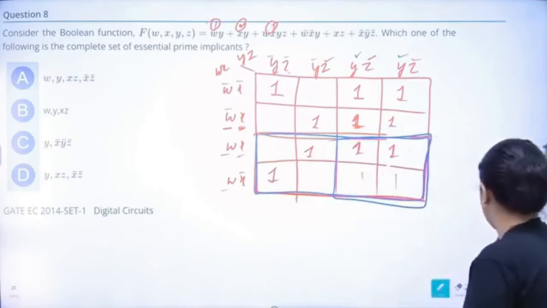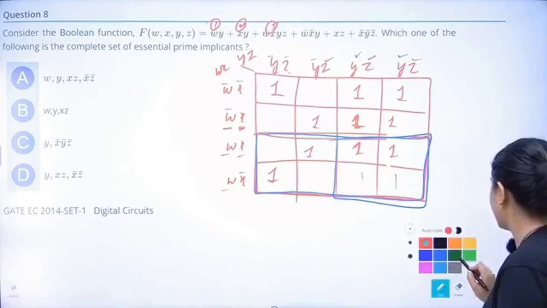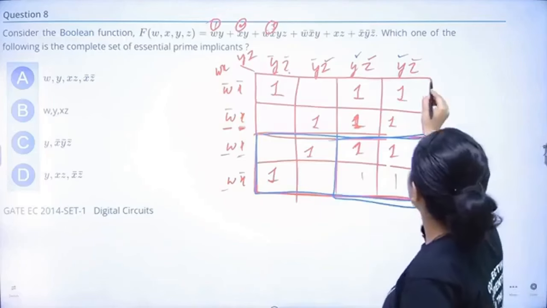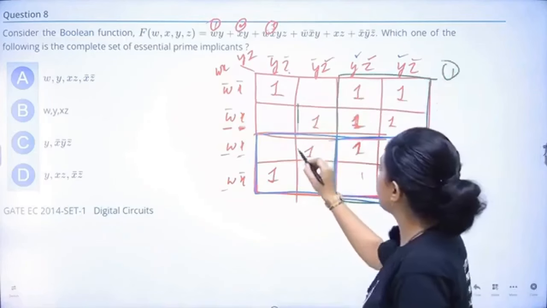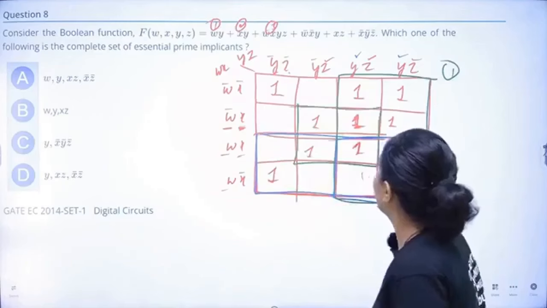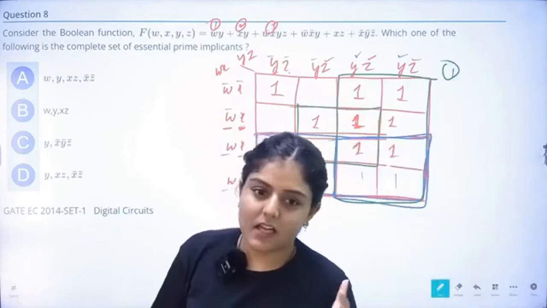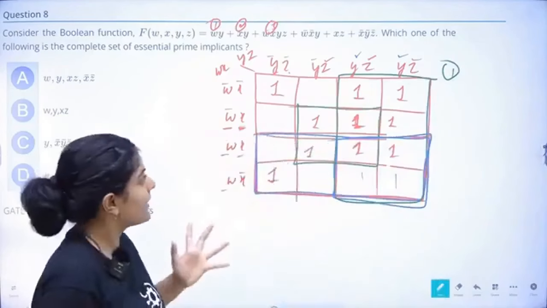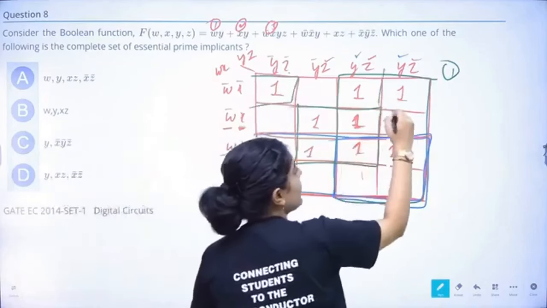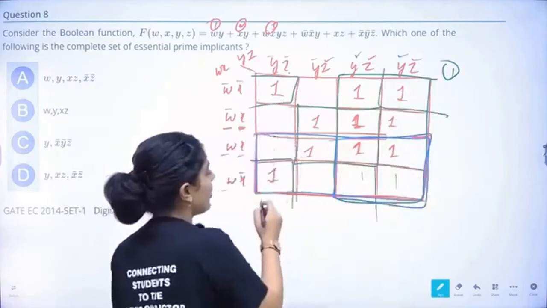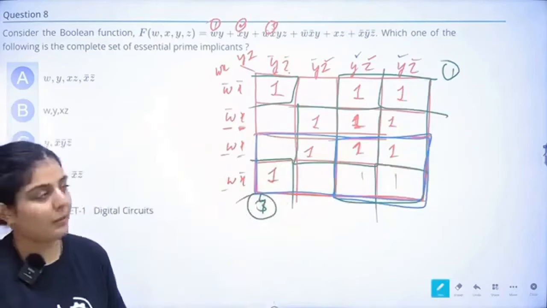Now you have to make the largest number of combinations possible out of this. So we will be making it first. You can see the octa here, number 1, very easy. Quad here, very easy. But there is one quad here, not easily seen, but it is there. When all the corners are ones, that is also making a quad. Quad number 3. So these are the essential prime implicants.